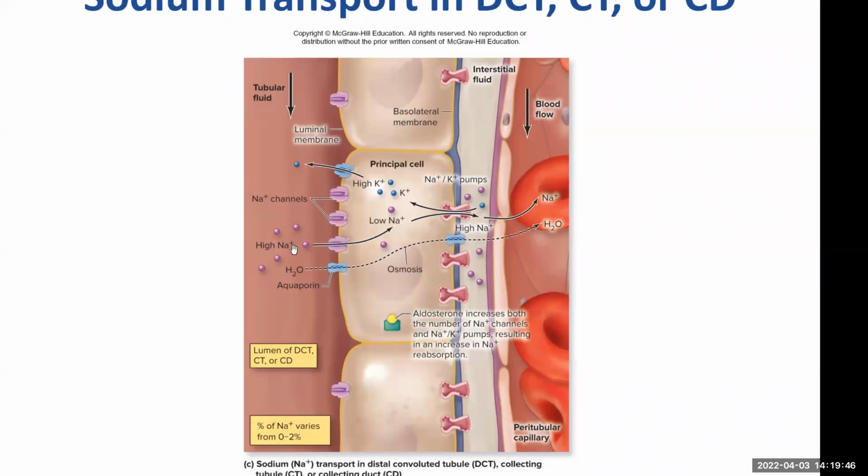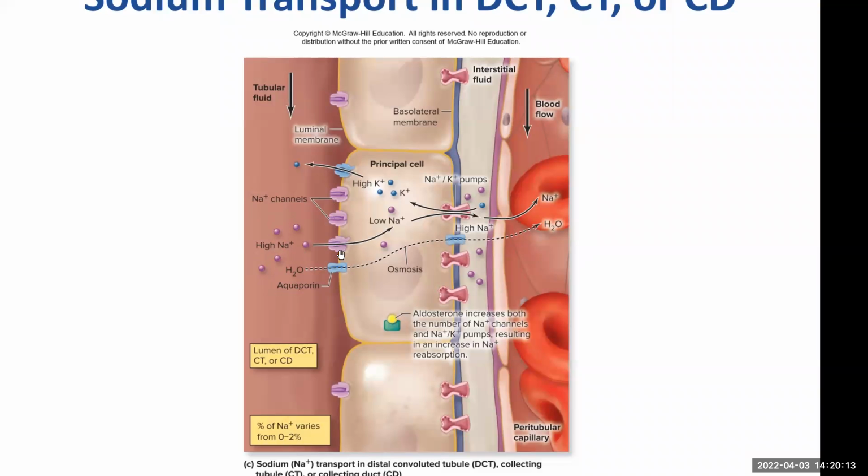So again, here's our sodium traveling through in our tubular fluid, high concentration of sodium, because a lot of times when that sodium has left the proximal convoluted tubule, water follows and goes with it. And so that means the tubular fluid becomes more concentrated. So what we're going to see here, we have a high concentration of sodium out here in the tubular fluid.